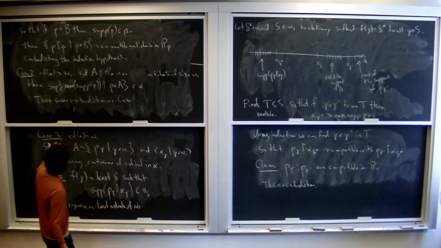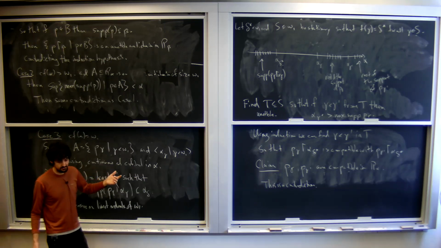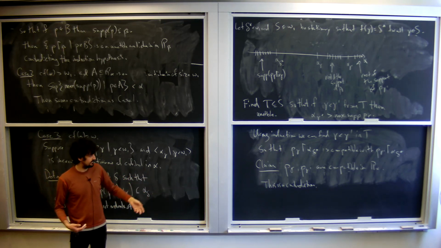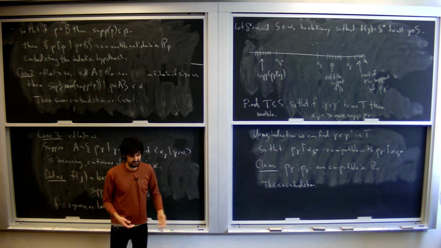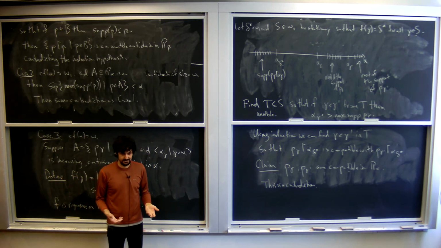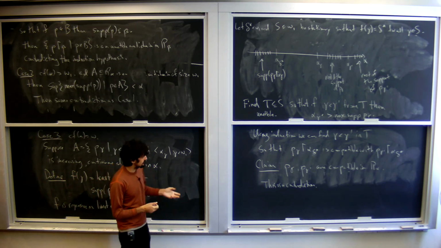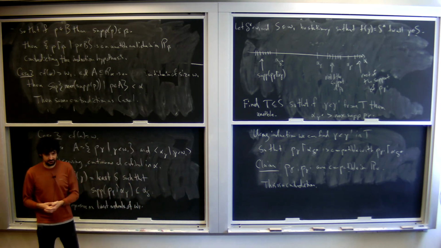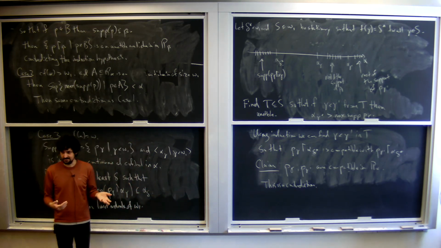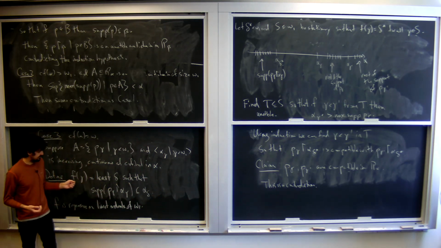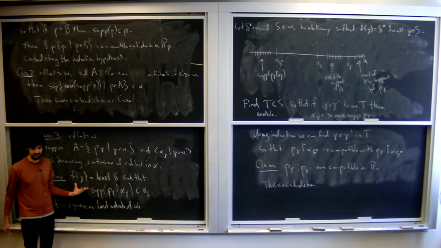You can also take this argument here and lift it up to higher cardinals, like longer iterations, and then also weakenings of CCC. So there's a notion of kappa chain condition, which is antichains of size less than kappa. And here we had finite support, which meant we took a direct limit at all of the limit stages, but for this argument, we only need to take that direct limit stationarily often.